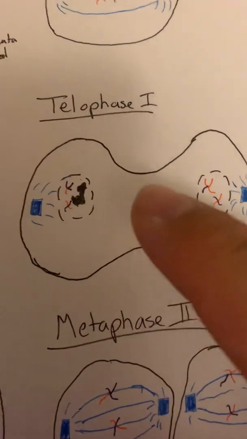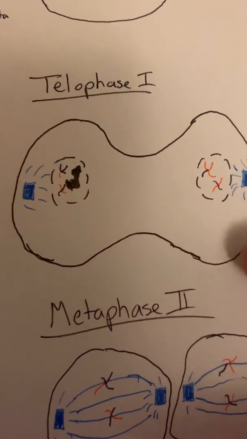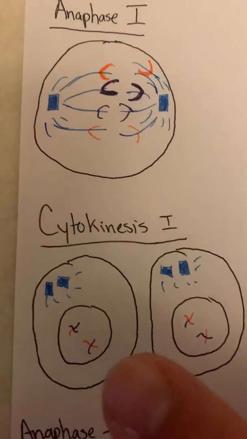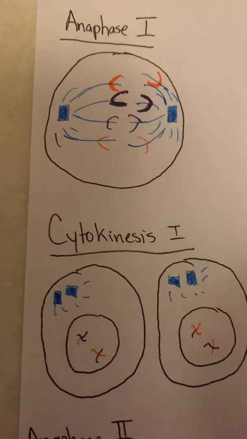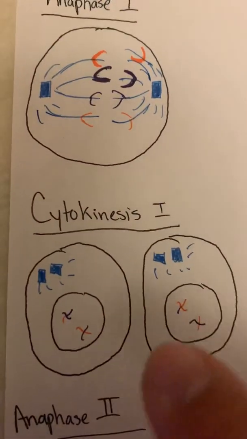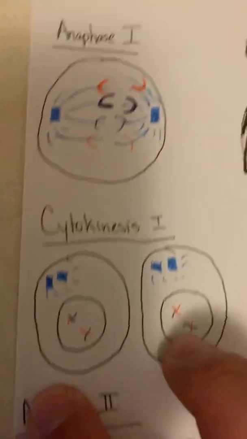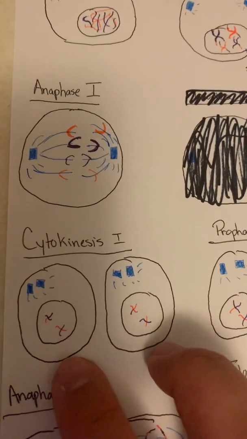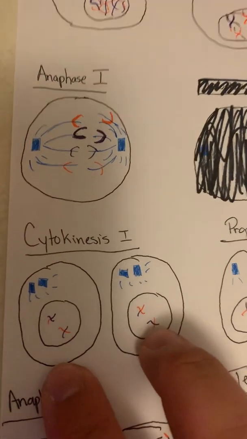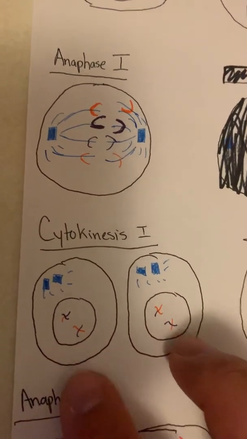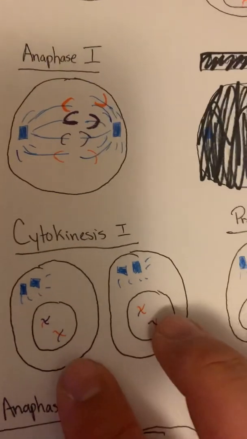After telophase, we'll move to cytokinesis 1, where they completely split after the cleavage furrow and all that happens. They'll become two daughter cells. They still have two chromosomes in each cell, but there's a difference between meiosis and mitosis.